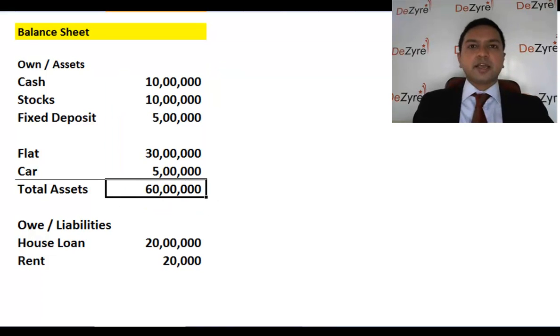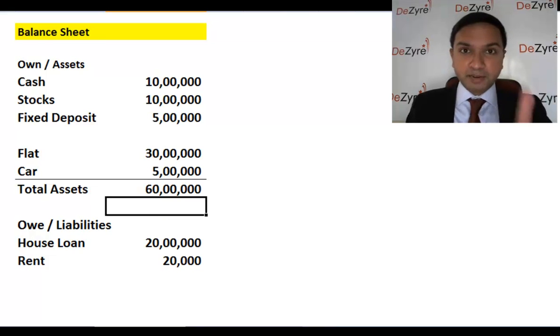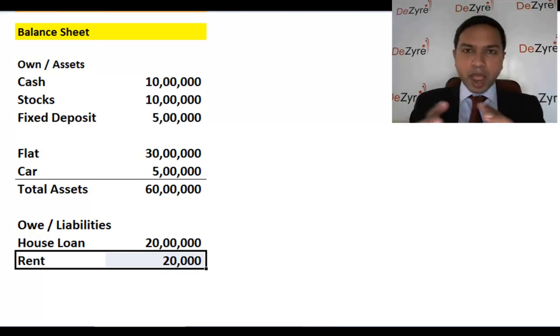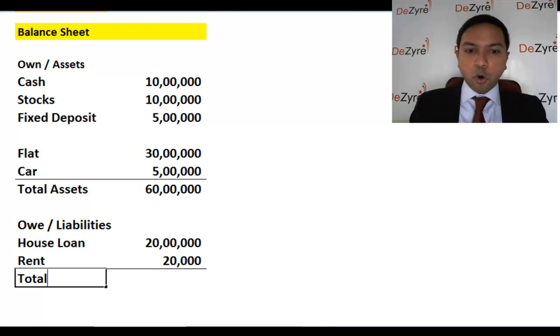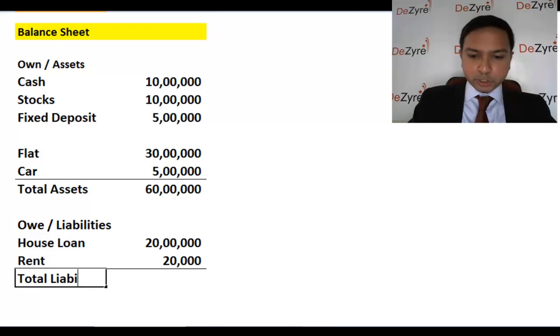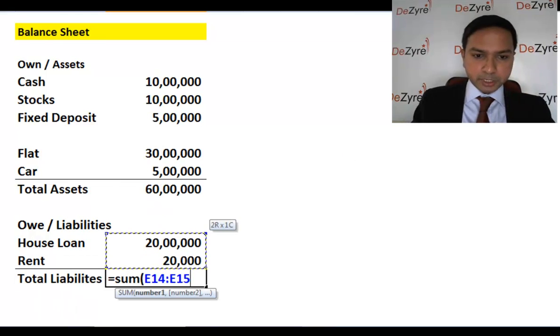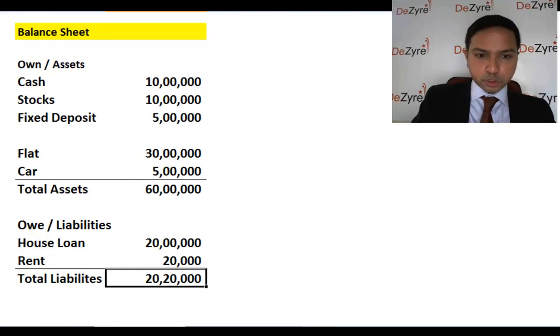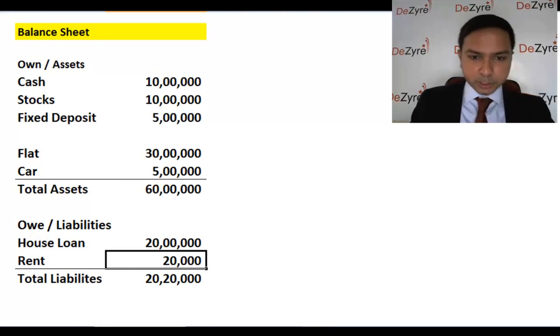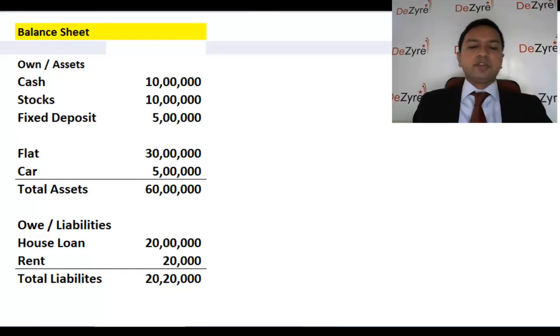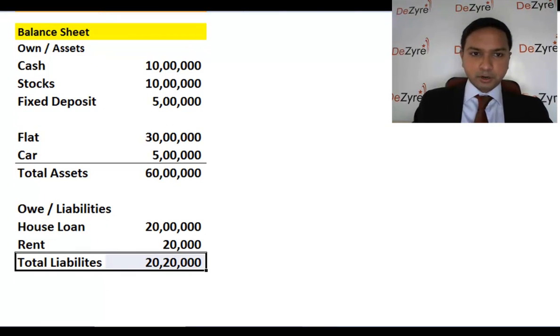There you go. You're a rich guy or a rich girl. Your total assets are 60 lakhs, but not yet. You don't own that entire money. You also owe people some money. You remember that? So what are your total liabilities? Your total liabilities is 20 lakhs and 20,000. That's your total liabilities. All right.